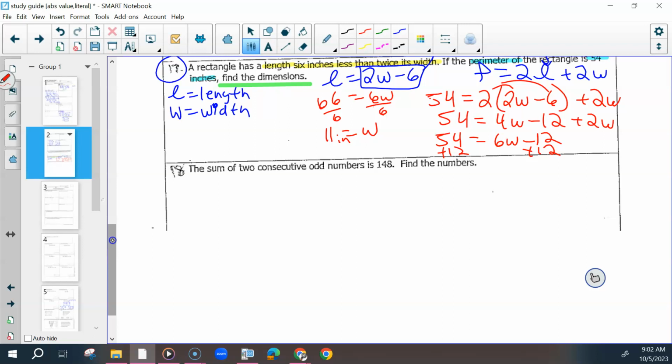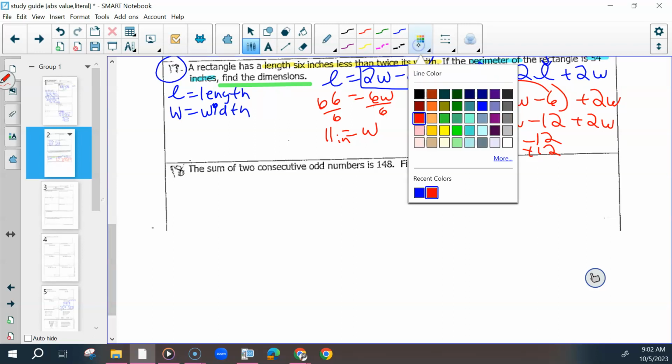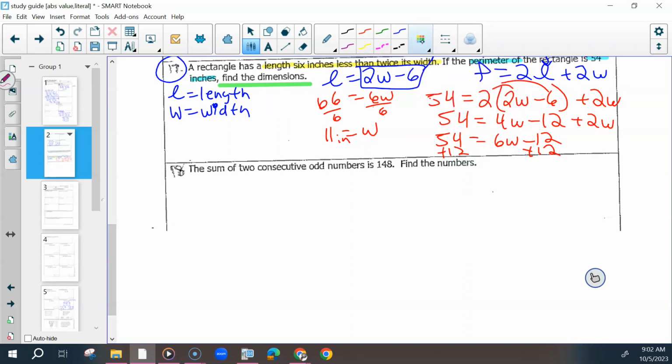And then we have to go back and find L. How could we do that? What W equals, where could we put that to find L?